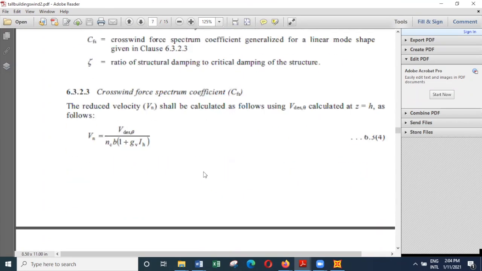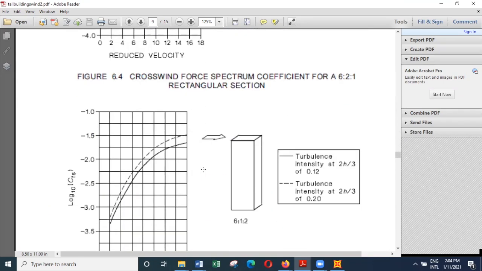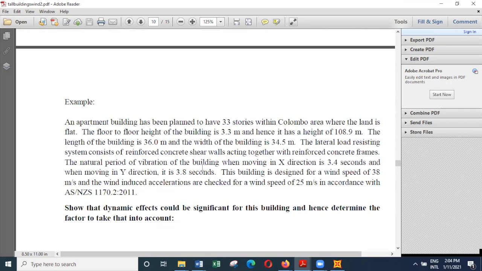We'll first have a brief look at the example, then take a short break, and then discuss the example. The example is for a 33-story building having a floor-to-floor height of 3.3 meters, where the length of the building is 36 meters and the width is 34.5 meters.